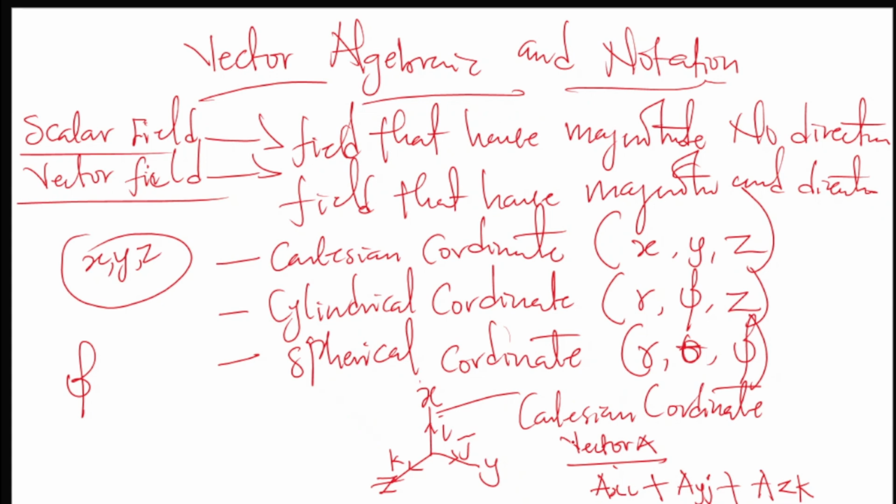Your AX, AY and AZ are called your magnitude, while your I here is basically your unit vector. And your unit vector stands as your direction. Am I communicating? Your unit vector stands as your direction.